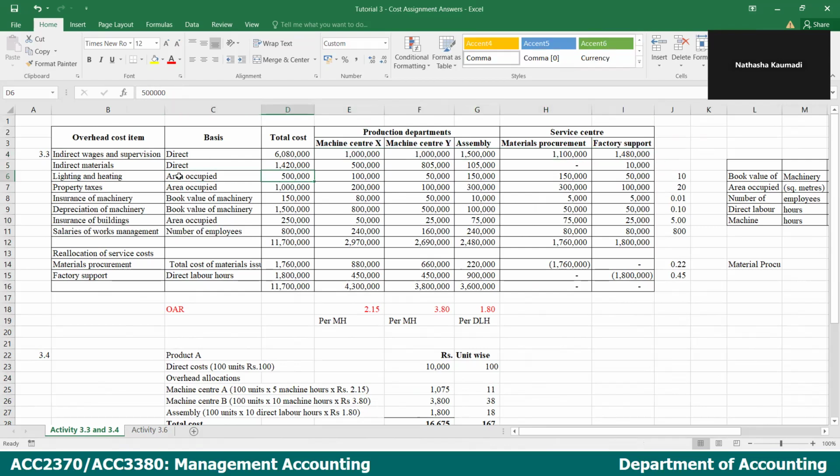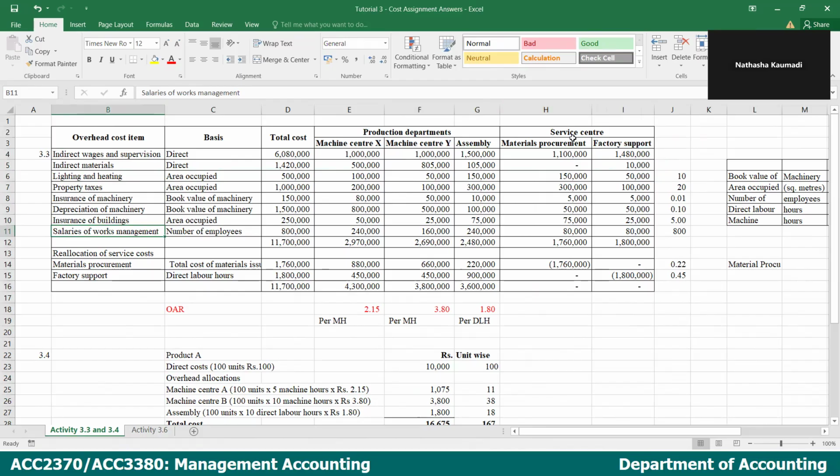For some overhead expenses where the allocation is not given, we have to select an appropriate allocation base and allocate the cost accordingly. If you can remember, when we have the overhead expenses, we allocate the cost to both production departments and service departments.